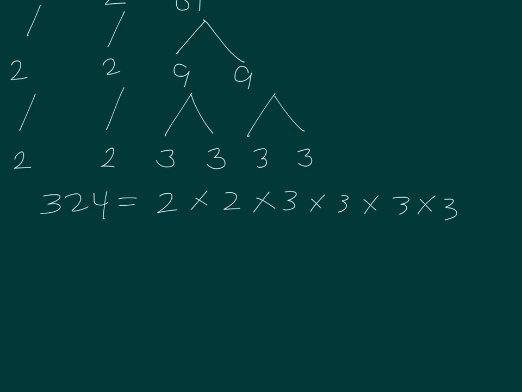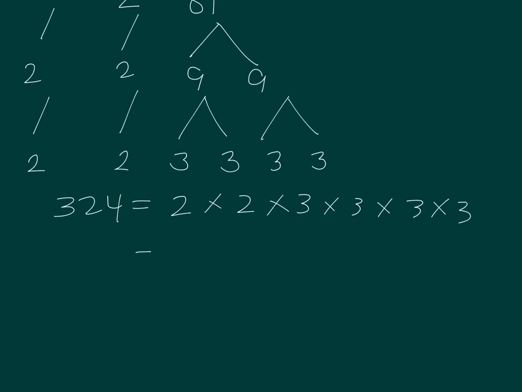But remember, there is a condition that you have to write your final answer in index notation. How do we write 2 times 2 times 3 times 3 times 3 times 3 into index notation? 2, and then a small 2 at the top. How do we call these small numbers on top? In math, we call this number an exponent or the index.